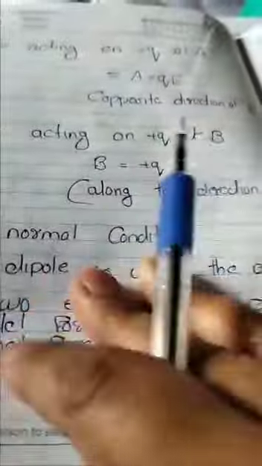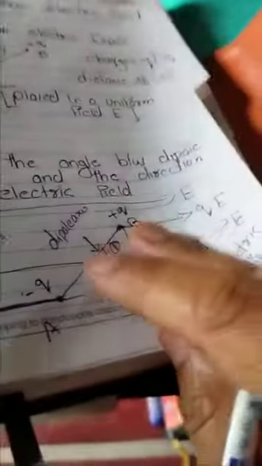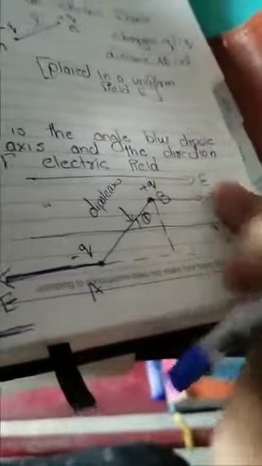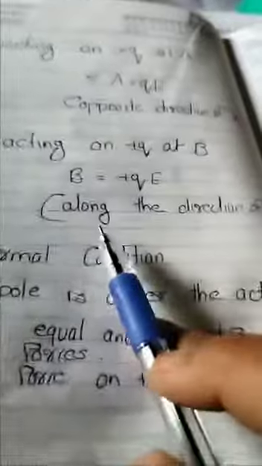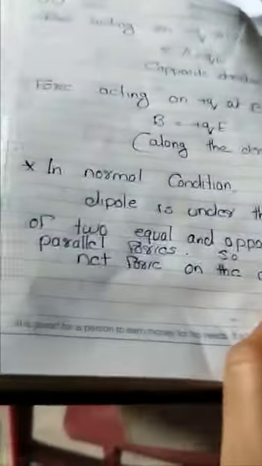Next, the force acting on plus Q. Plus Q is placed at B. The force QE at B is in the same direction as E. So the force at B equals plus QE, in the same direction as E, while at A it is opposite.